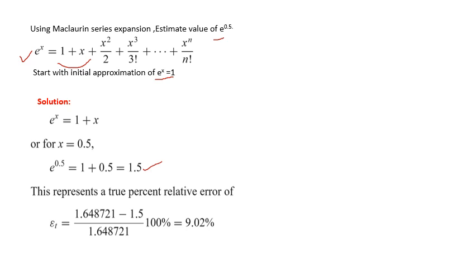But we all know that e raised to 0.5, the true value, is 1.648721. This is the true value for e raised to 0.5. Then percentage true error will be 1.6487 minus 1.5 upon 1.648721, so that will come up to 9.02 percentage.